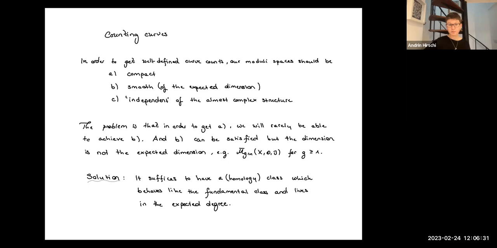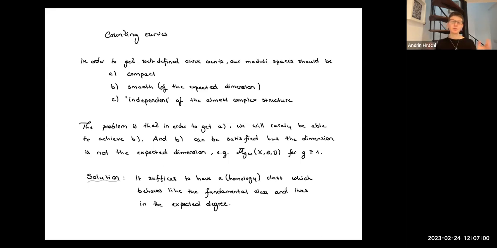Okay, now to return to the problem of smoothness, essentially the solution which most virtual frameworks have pursued is to construct a (homology) class, which essentially behaves like the fundamental class. So it should live in the expected degree, and it should restrict to the normal fundamental class in the case when your moduli space is cut out transversely.